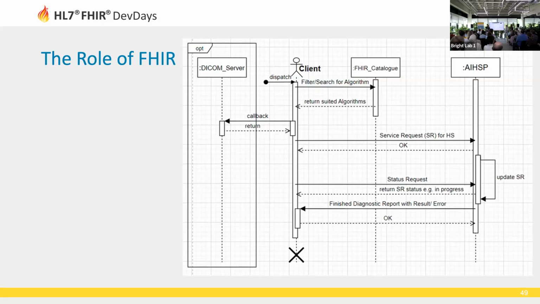Then the algorithm will actually start processing the data. While it's doing that, it will always keep the service request updated. You can see that on the right. So you can just ask for the status, how far the algorithm has gotten. And when it's actually finished, it will send back a diagnostic report to the client with the result.